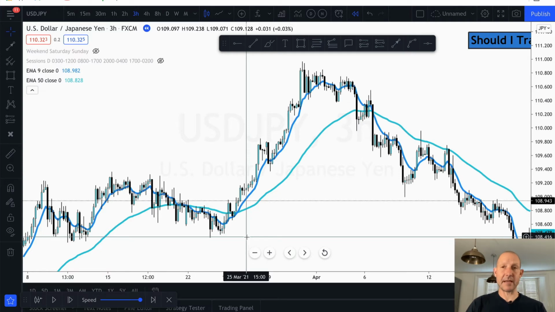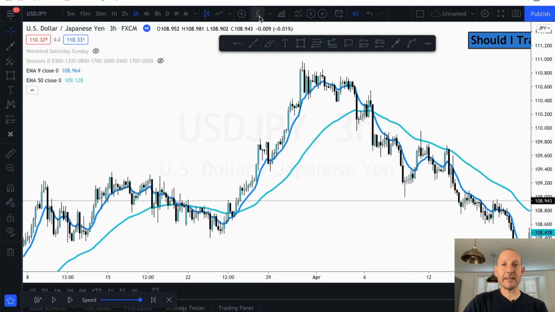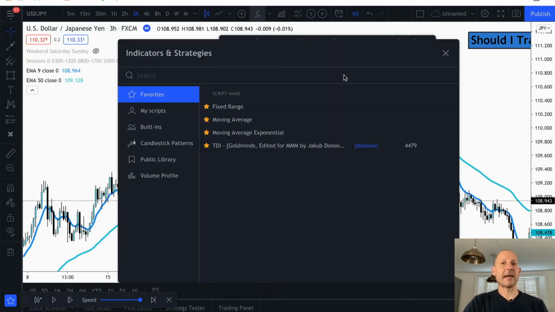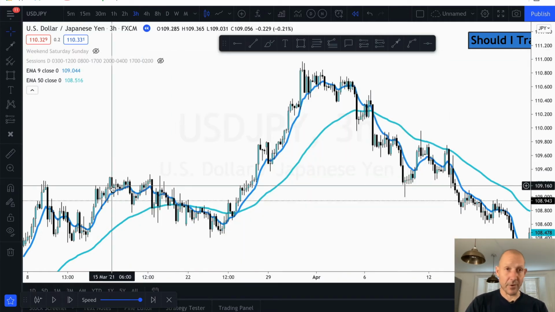Am I below the EMAs? Am I in a bullish market or a bearish market? So they can be handy from that point of view, but they are built from price, so consequently they are a lagging indicator. Every single indicator in here is a lagging indicator, apart from price itself and volume. Everything else is a lagging indicator.